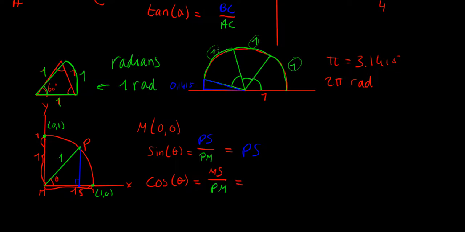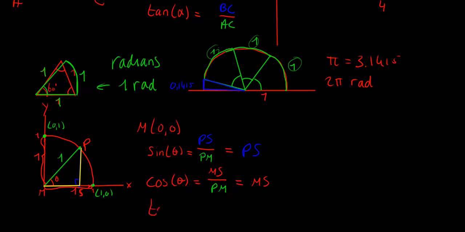However, again, PM was equal to 1, so the cosine of theta is equal to MS. And if we look at point P, MS, right here, actually is the x value of point P. And if we look at PS, it actually is the y value of point P. So if we take the angle of our point, we actually get back the y value if we take the sine of that angle. And if we take the cosine of that angle, we get the x value.